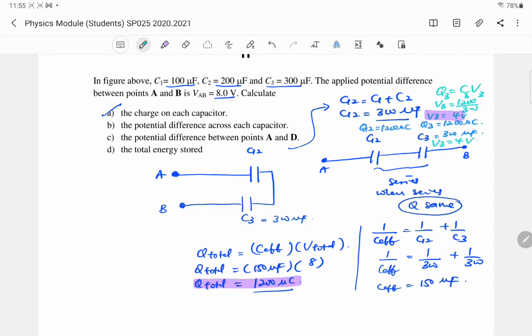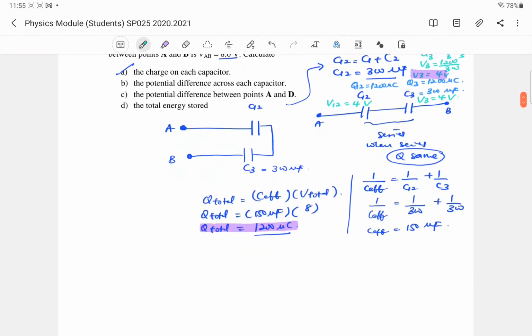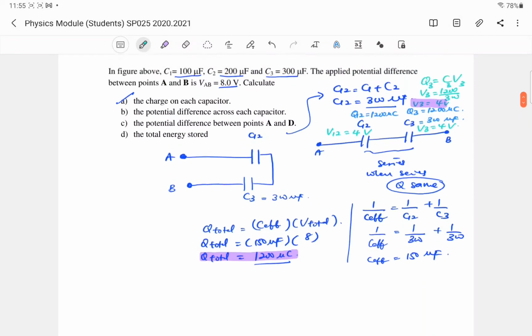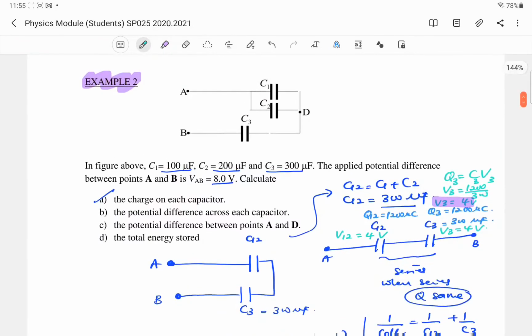So kita tahu VAB is 8 volt. So V12 equal to 8 volt minus 4 volt is 4 volt. Alright, V12 is 4 volt, and then we know that C1 and C2 are arranged in parallel.